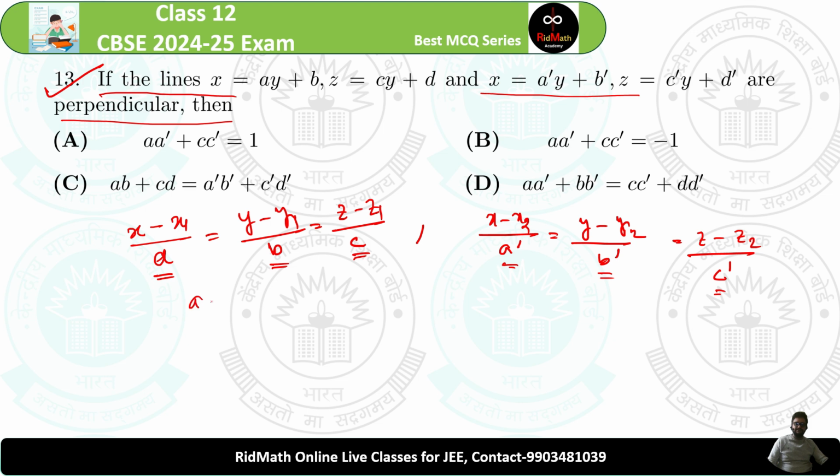That means a into a dash plus b into b dash plus c into c dash is equal to 0.